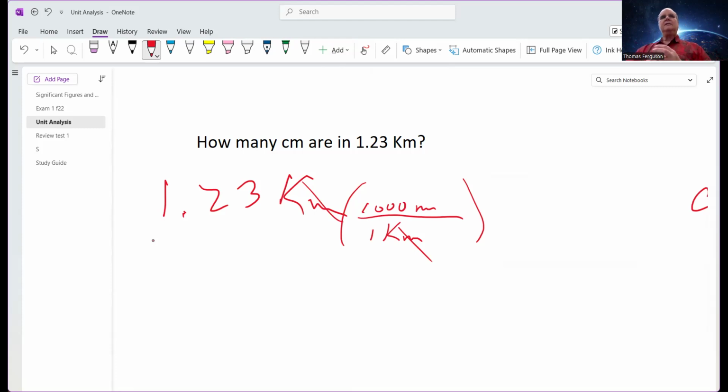Or how many kilometers are in a meter? 10 to the -3. A thousandth of a kilometer is in a meter. Both these are valid conversion factors because these are equal.